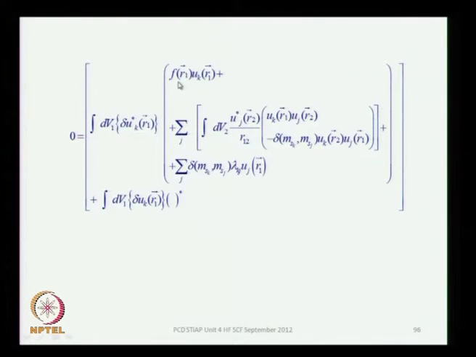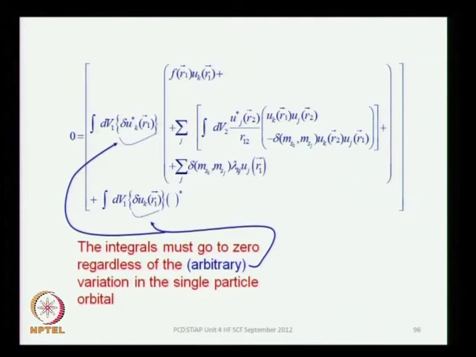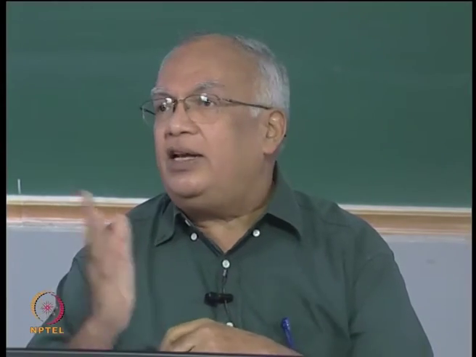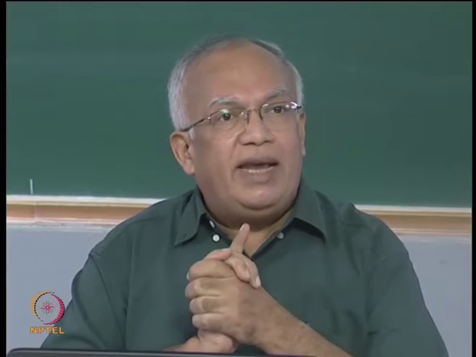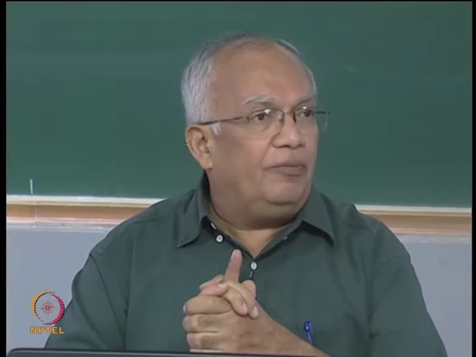So, essentially you are integrating an integrand which is written as a product of two factors, one of which is an arbitrary variation in delta U, which means that the other factor must vanish. There is no way this integral would vanish otherwise, because when you integrate over R1 the left hand side is 0. So, you must get 0 from this integration, and the only way you can get it is if the other factor is necessarily 0.